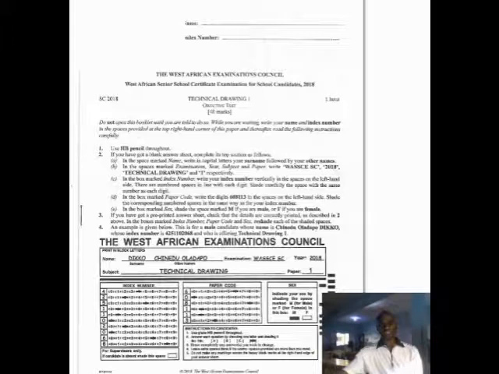Now, I have to state something very clearly here. By the time you get to WAEC, this is WAEC, this is not NECO, this is WAEC. In WAEC questions, they do not combine building drawing with technical drawing, with mechanical drawing, machine drawings.